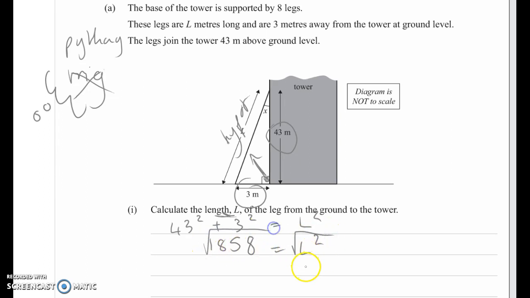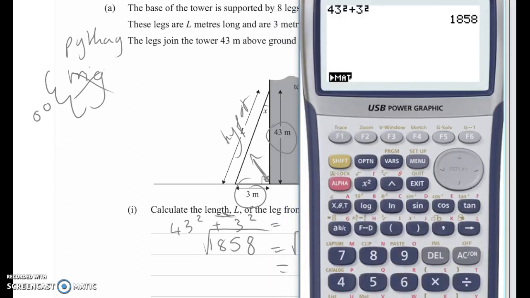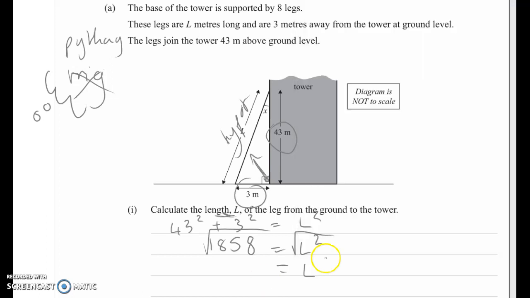I just want to know what L is. So I need to square root each side. Please just keep that in your calculators. You just have to go shift, that one over there, of my answer, which again is going to be shift and then answer down the bottom there, equals 43.1. Now, they are both in meters, so I know that that is in meters as well. So there is the first part of my question done.